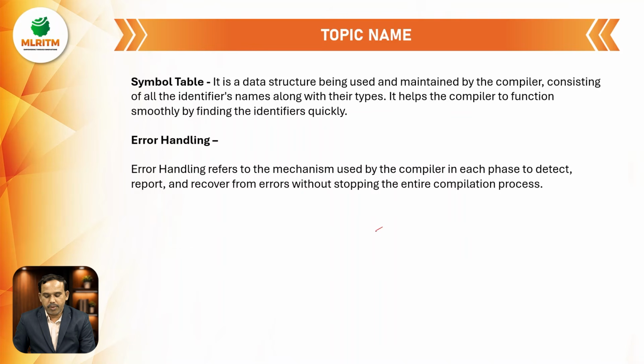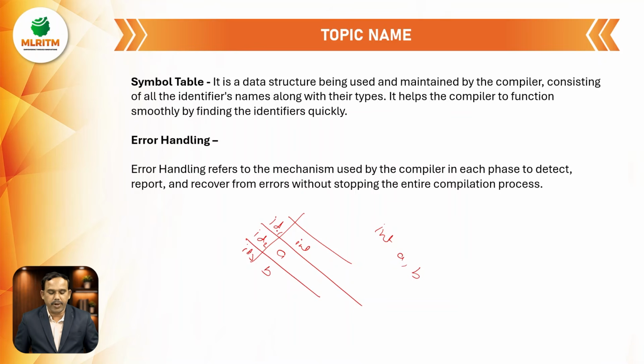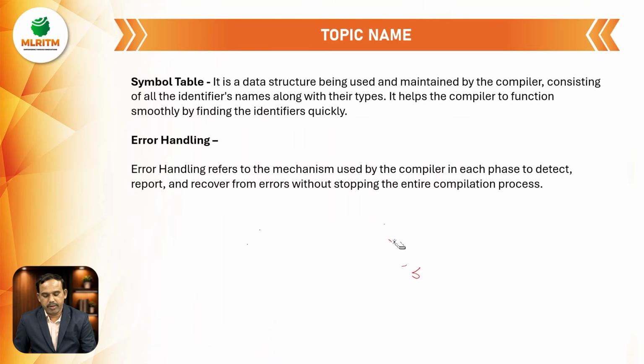For example, integer a, b, and the symbol table maintains identifier 1, identifier 2, identifier 3, with integer a, b. So it is used to identify names along with their types. And next one is the error handler.